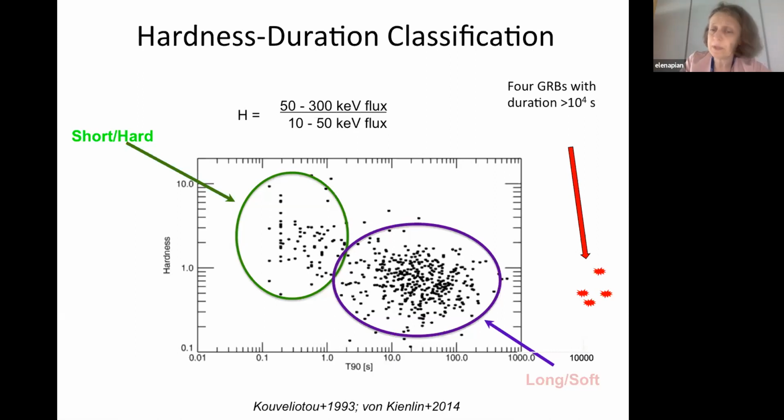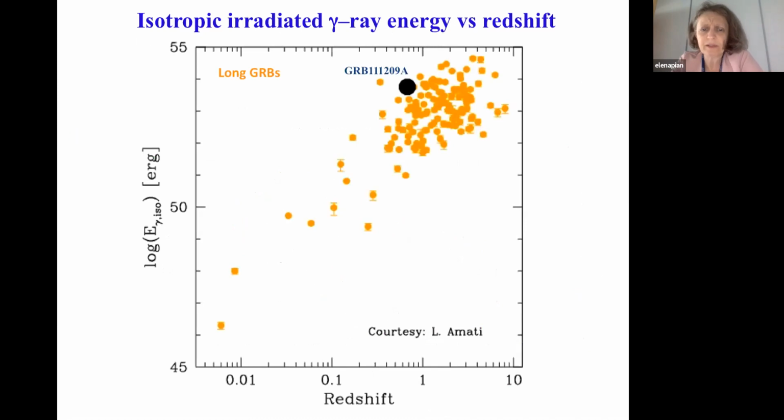And it has been discussed what they are. Do they have the same progenitor, the same mechanism as long soft gamma ray bursts? Well, the debate persisted. Here you see a prominent ultra long gamma ray burst, 111209A.